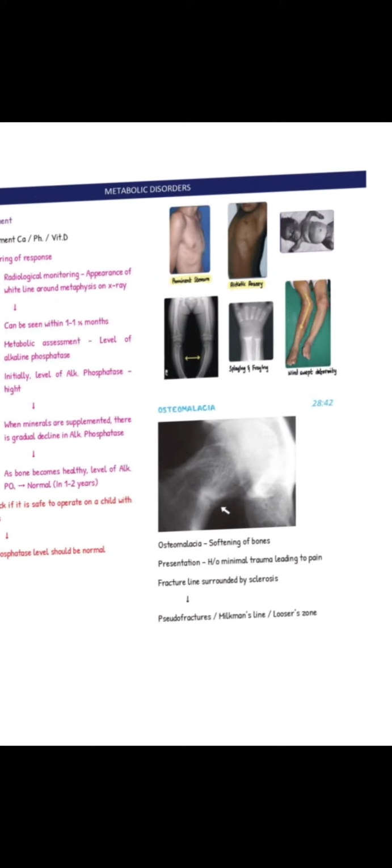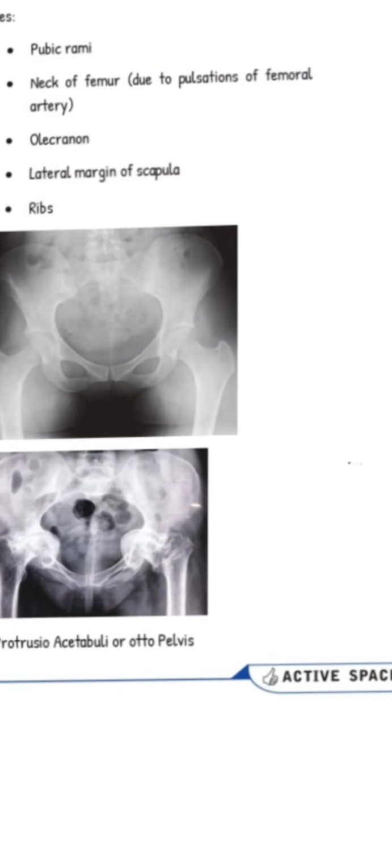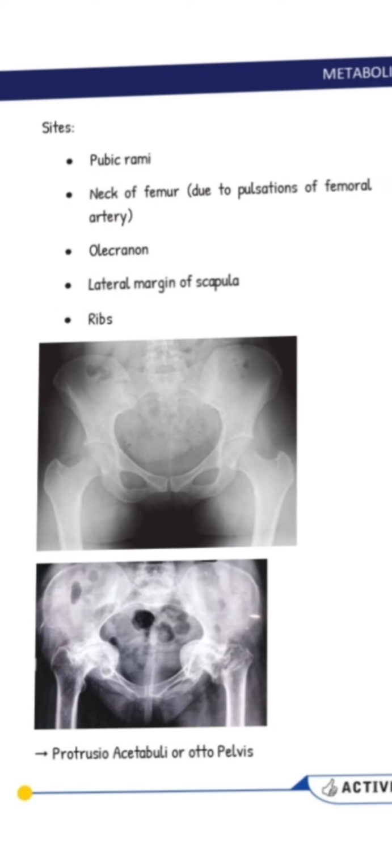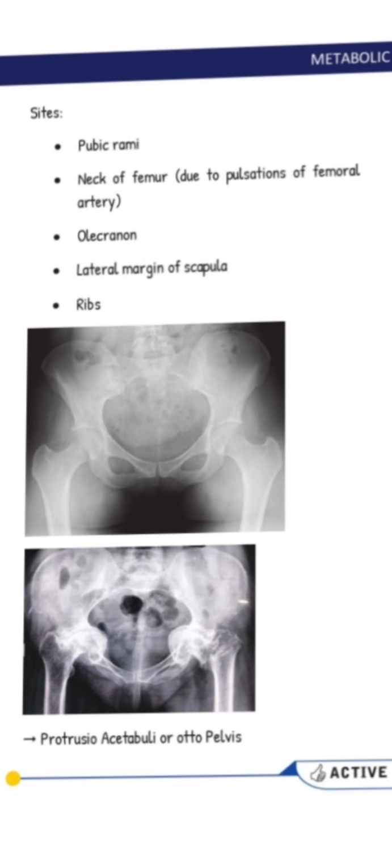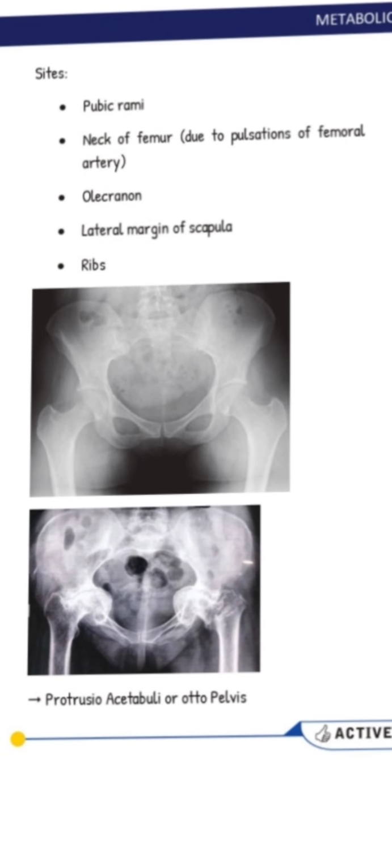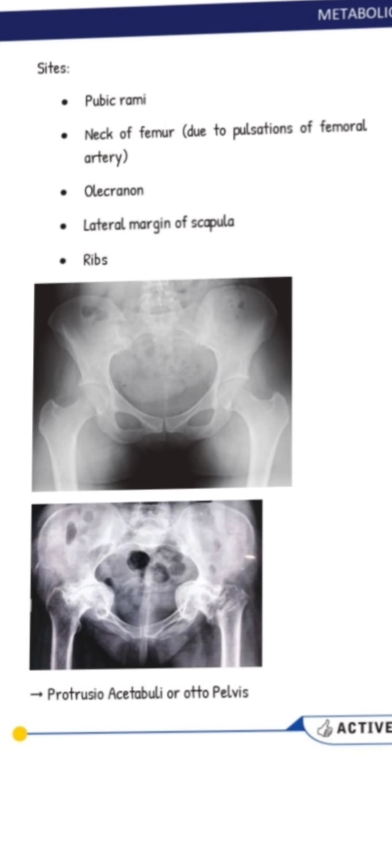You can see here. Sites are pubic rami, neck of femur due to pulsation of femoral artery, olecranon, lateral margin of scapula and ribs, protrusio acetabuli or Otto pelvis.